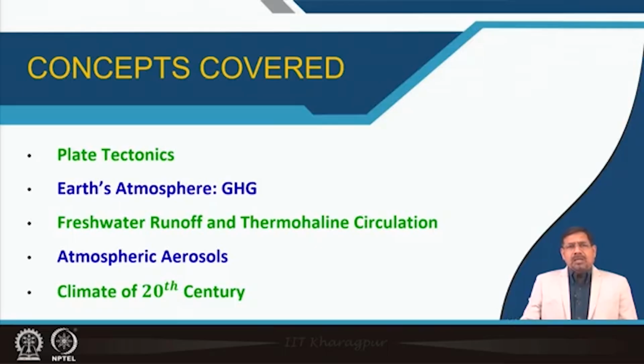The third is the runoff. So, we have runoff in terms of freshwater runoff and also the circulation in terms of thermohaline, temperature and salinity. So, this circulation also explains the mechanism of climate change, and the aerosols in the atmosphere, how they also contribute as negative forcing in explaining the climate change mechanism.